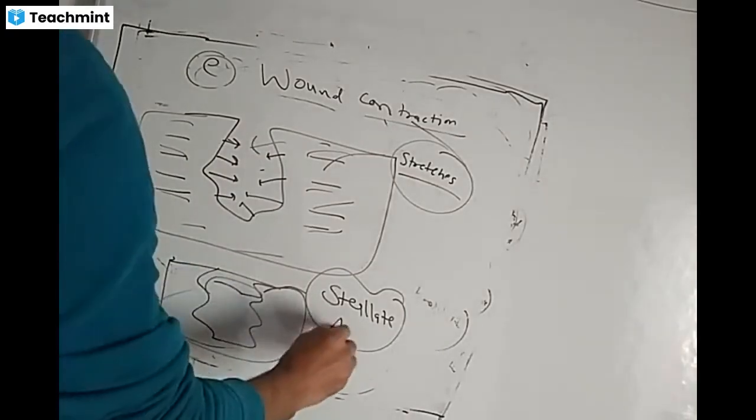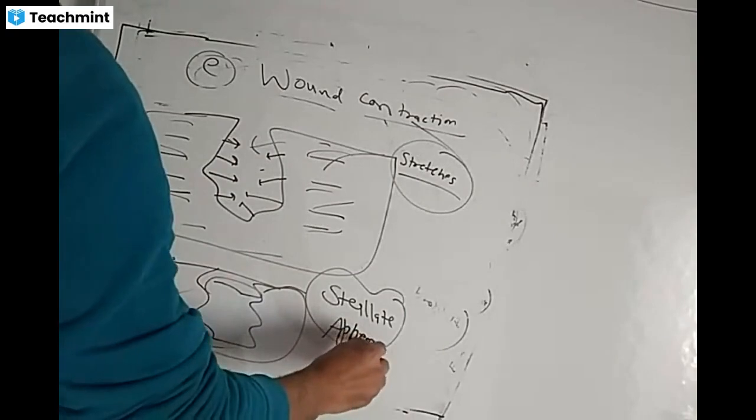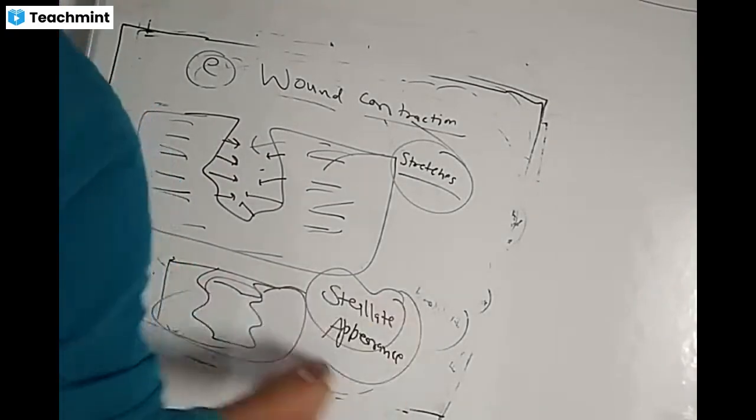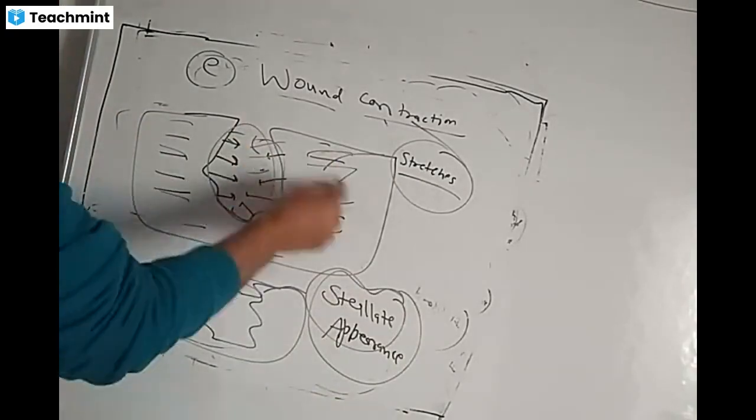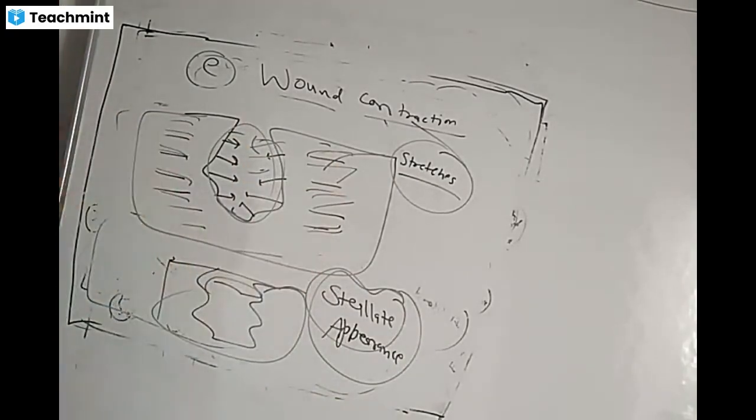So the wound will take stellate appearance because of centripetal contraction of the edges and stretching of the surrounding skin.